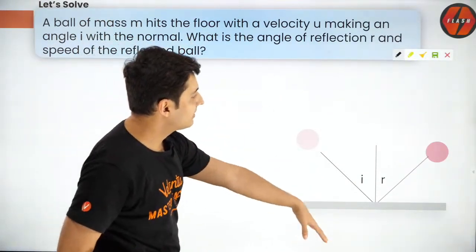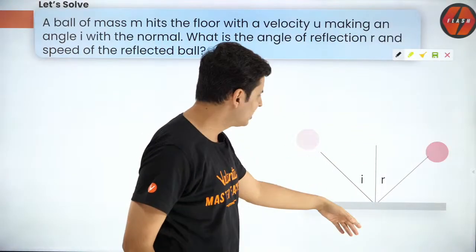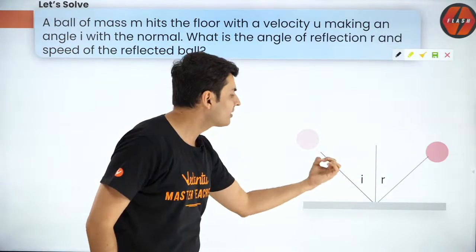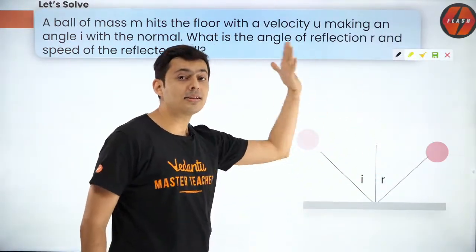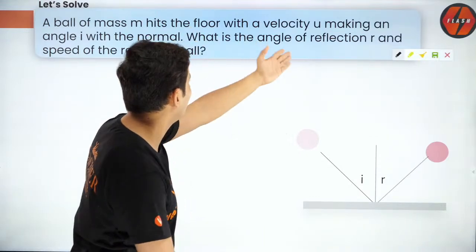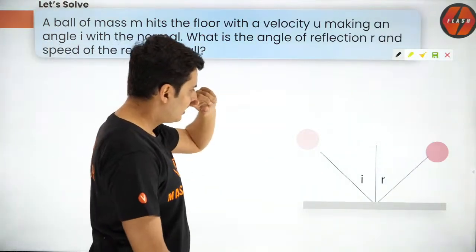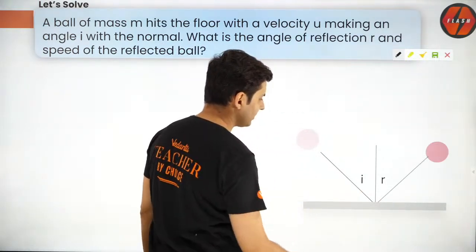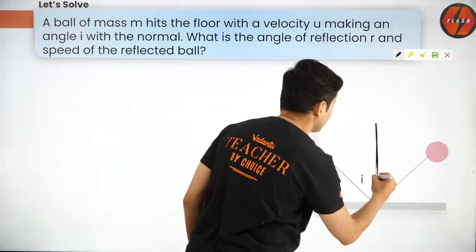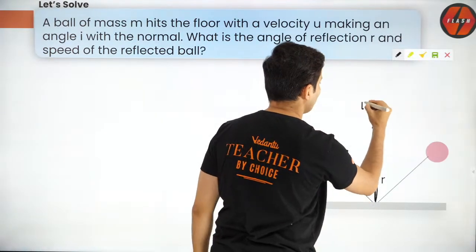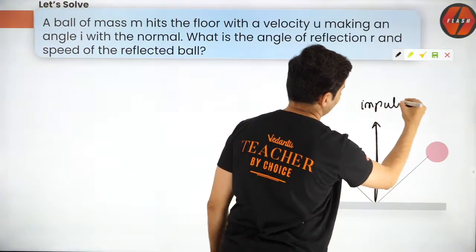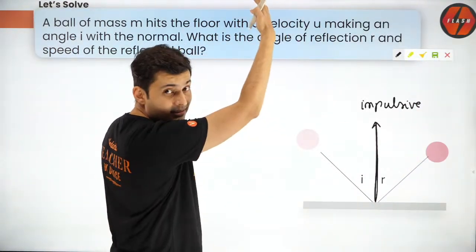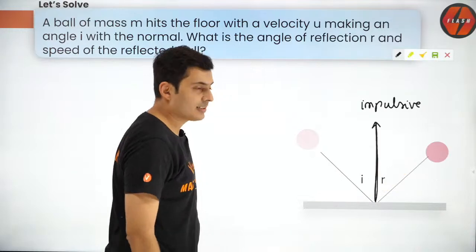Now this ball hits the ground surface or some surface and the angle of reflection, and this is the angle of incidence. What is the relationship between I and R? That's what I want to find. Here is the logic. See, when it hits the surface, there will be a sudden force like this, impulsive. If the impulsive force is along the y-axis, there is no force along the x-axis.